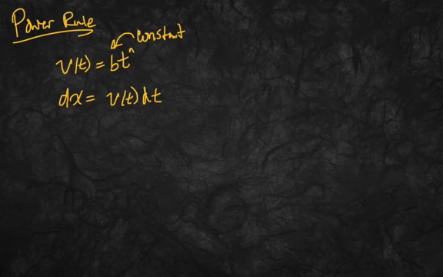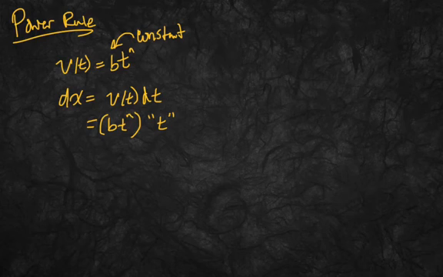That's what we're going to take the integral of. Now we know that dx equals v of t dt, so we substitute v of t with bt to the n. As far as units are concerned, that dt, that infinitesimally small t, is still a time unit.